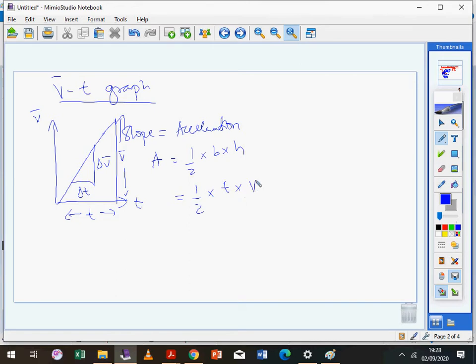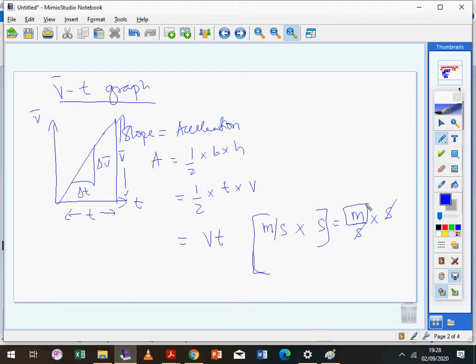Let me not stress about what I'm actually getting, but let me think of the units of what I'm getting. I have velocity multiplied by time. The units of velocity are meters per second, and I'm multiplying that by seconds. So it's as if I'm multiplying meters over seconds times seconds, and I end up getting meters.